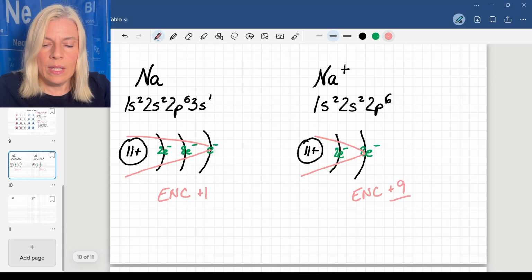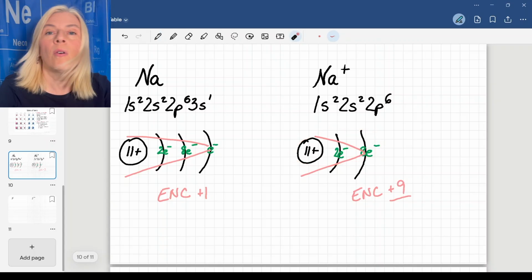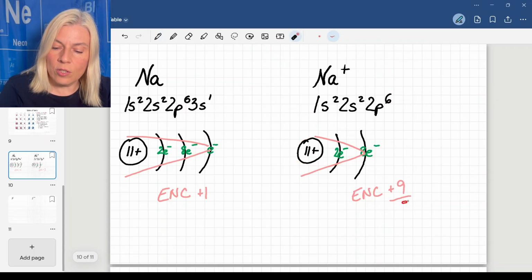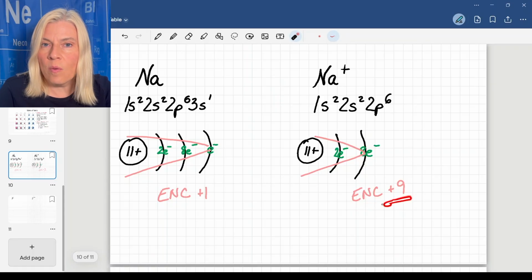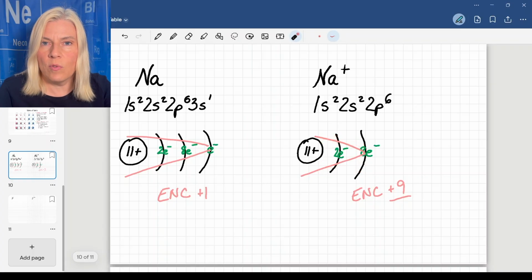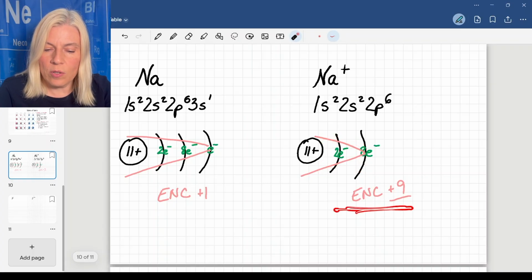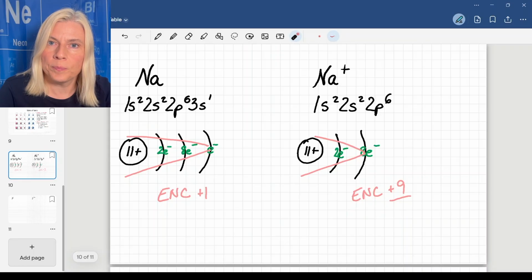So you say, wow, not only does sodium ion have fewer energy layers, so right away it's pointing to it being smaller, but also when you lose that energy layer, the second energy layer now becomes my outermost energy layer, and that means E and C jumps up. So E and C is so much higher. That means so much more attraction. These electrons are much more attracted to the nucleus. They move in closer, much smaller. So now cations are much smaller than the neutral atoms because many times they shed the outermost energy layer.